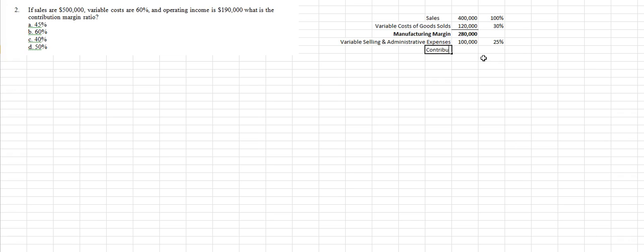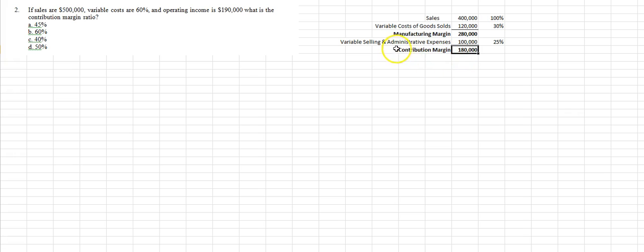From here we could get finally to the contribution margin. Contribution margin is nothing more than manufacturing margin minus the variable selling and administrative.